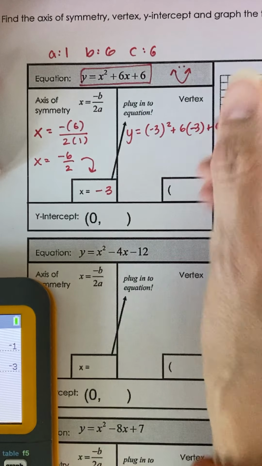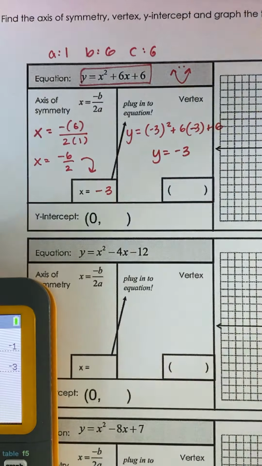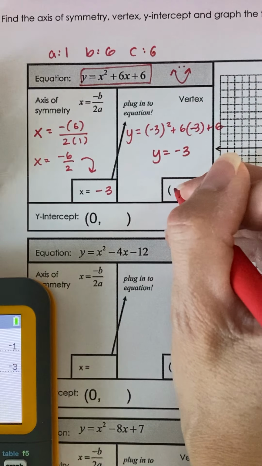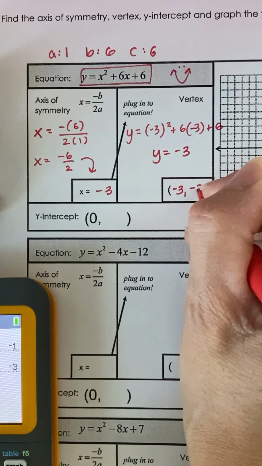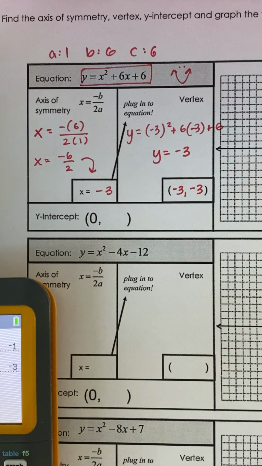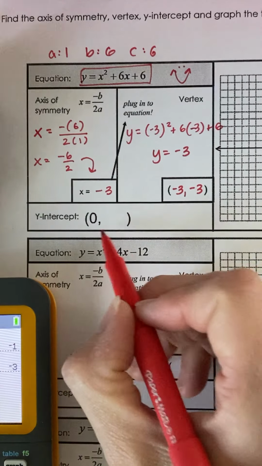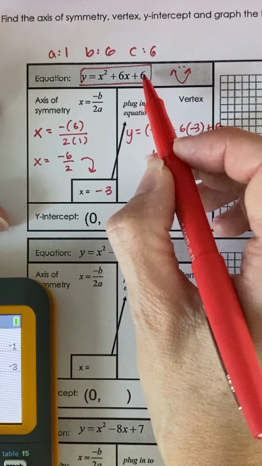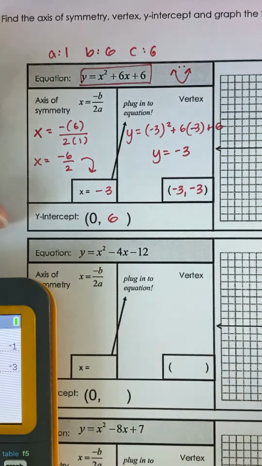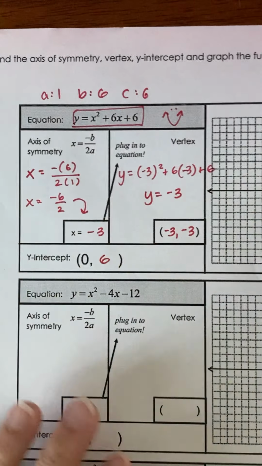So y equals negative 3. So you will get (negative 3, negative 3). And then the y-intercept is (0, c), so (0, 6). And then you just graph all of this.